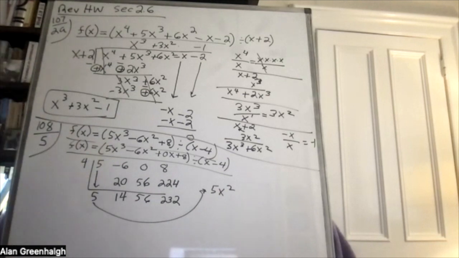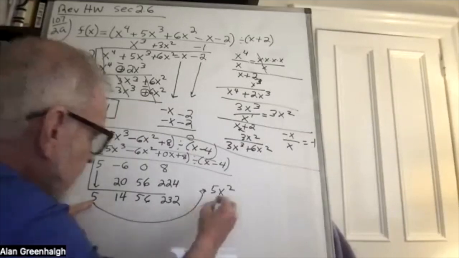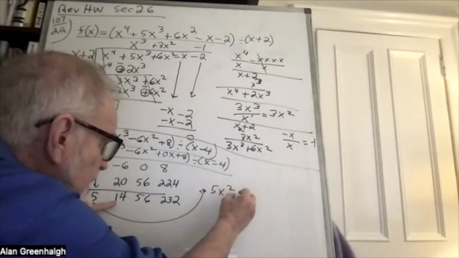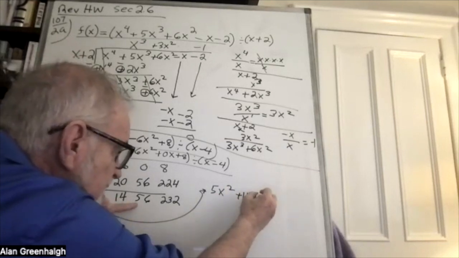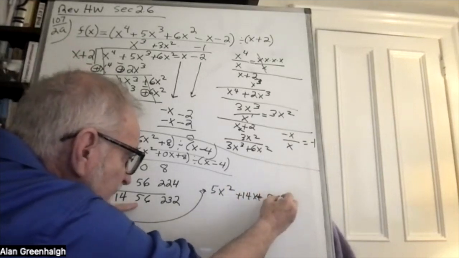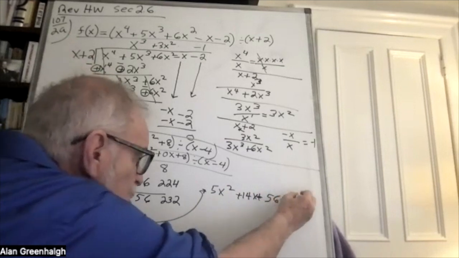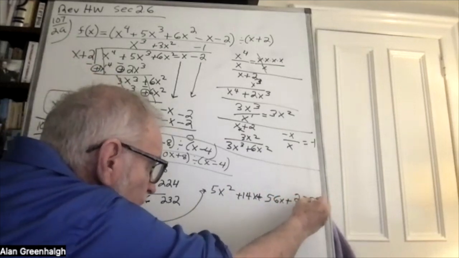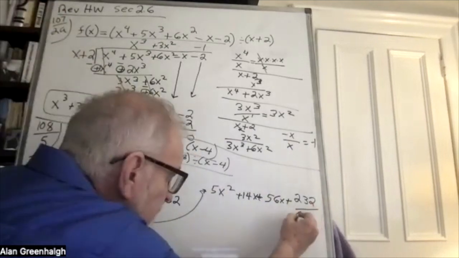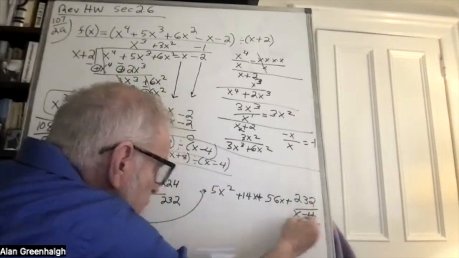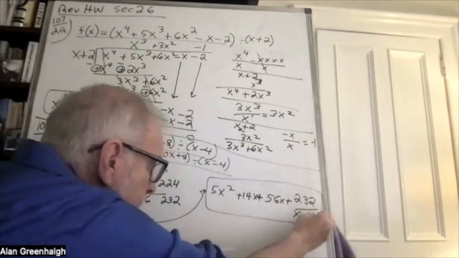So that's what you have to take into account. And this becomes 5x squared plus 14x plus 56 plus 232 divided by the original divisor of x minus 4. There it is.